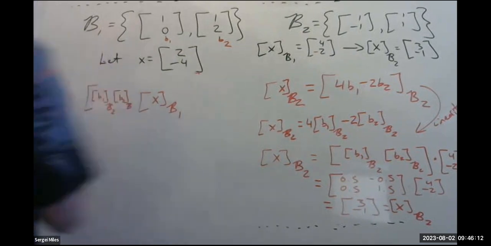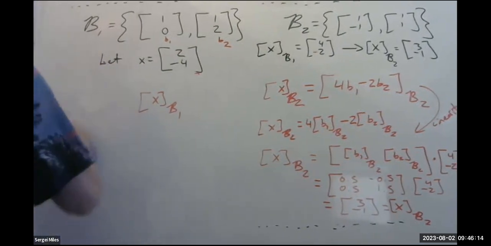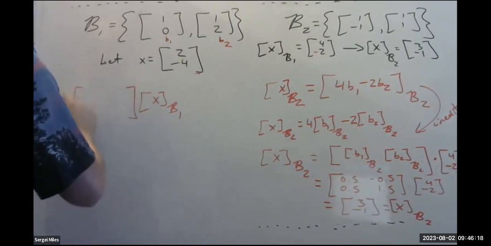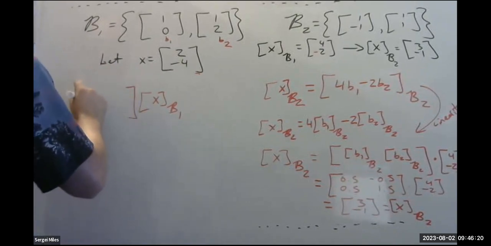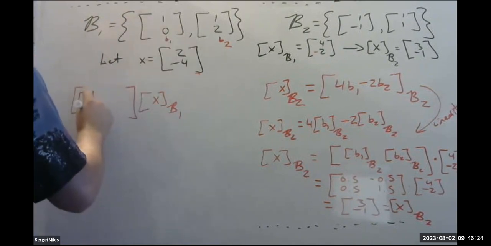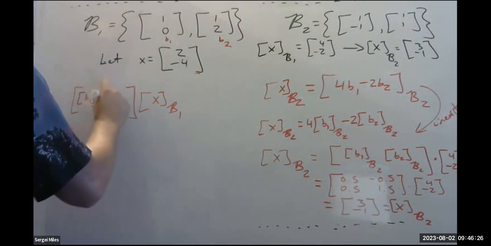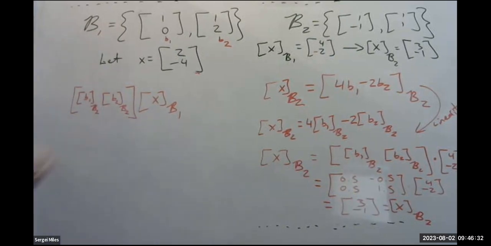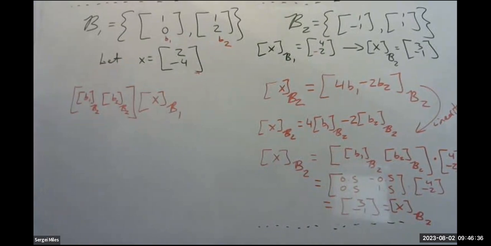I'm running out of space. Hold on. Let me write this differently. Right. What did we do here? We found the basis vectors of B1, and we're rewriting it in terms of the second basis. Right? This is what we did in this step right here. That's what this combination is.